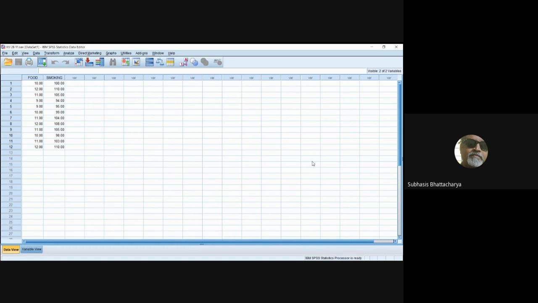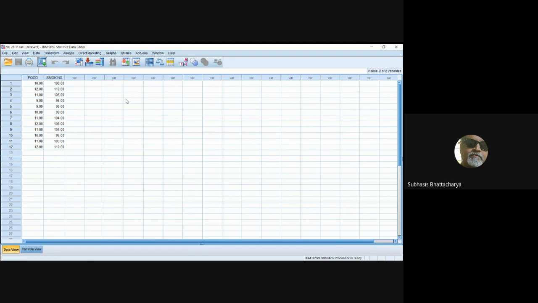There are 12 data. Theoretically it is not applicable for the PCA because norms will not be validated. The information is on the SPSS window: it is the information on food and smoking. Suppose the information is 12 variables and I have to go to the PCA.